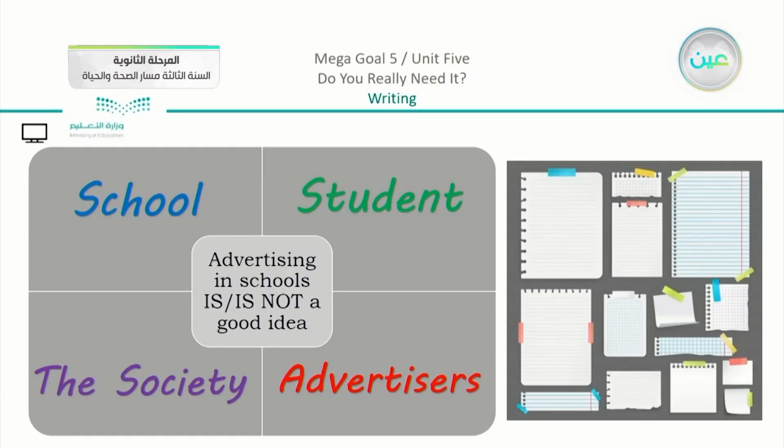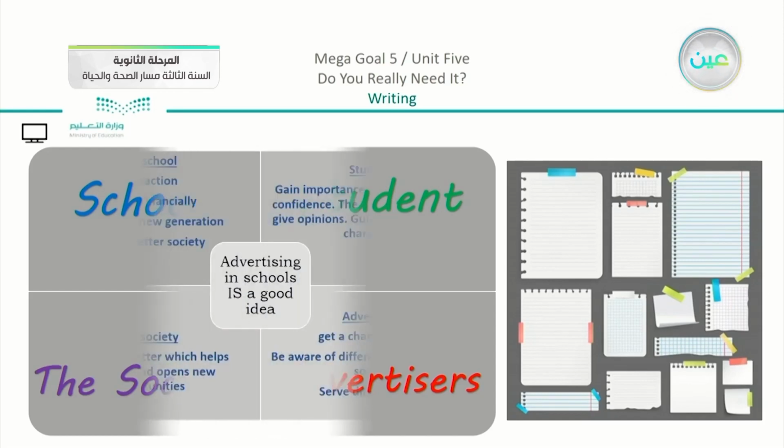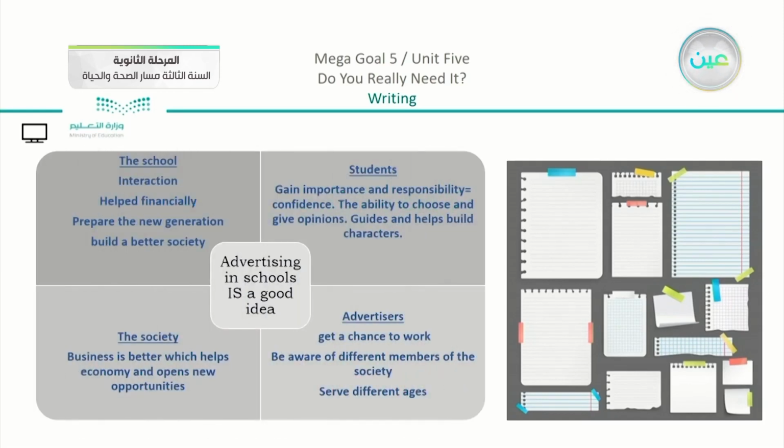Now, we can organize these thoughts, as I said, very simply here. You can see that I wrote here the school. I had the words interaction, helped financially, prepare the new generation and build a better society. Talking about the students, we have to gain importance and responsibility. Confidence, of course, is the result.